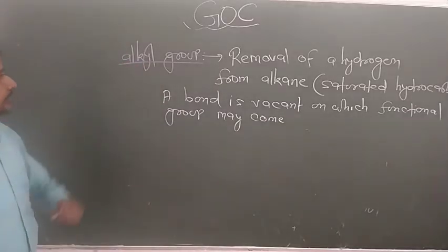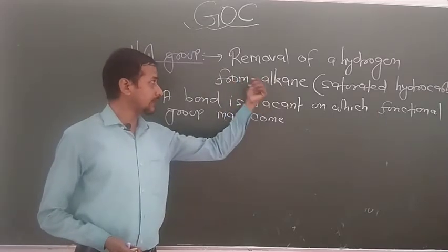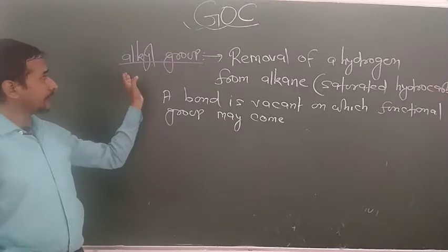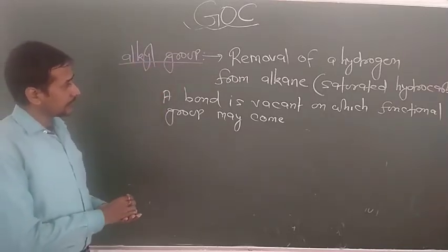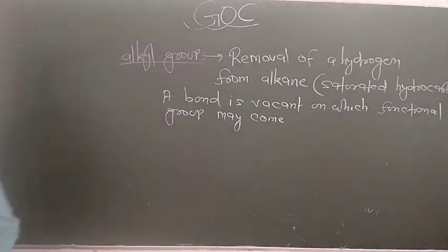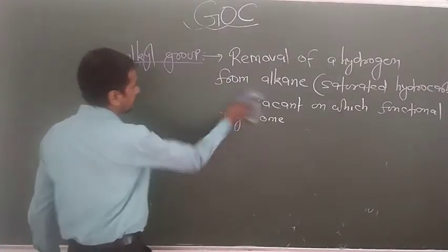So basically what happens here? In formation of the alkyl group, one H is removed from alkane, and now one bond is vacant. On that, one functional group may come to generate the compound.